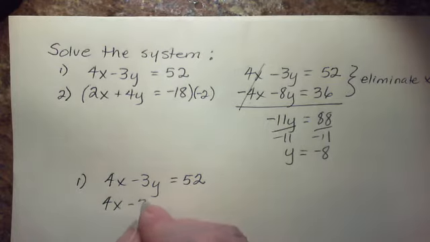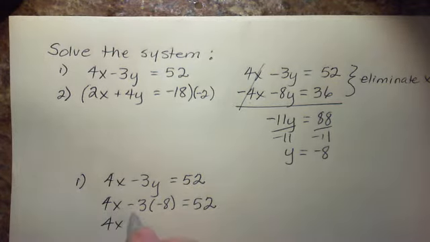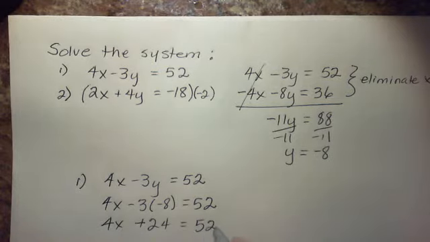So 4x minus 3 times negative 8 is equal to 52. Now I'll carry out the multiplication here. 4x, negative 3 times negative 8 is positive 24, equals 52.